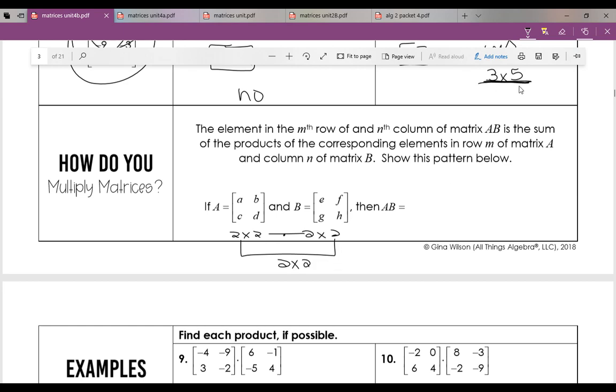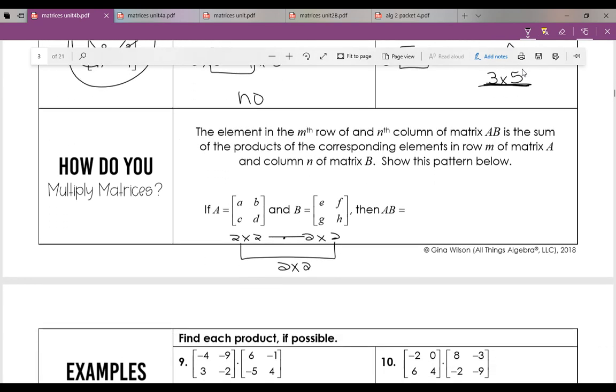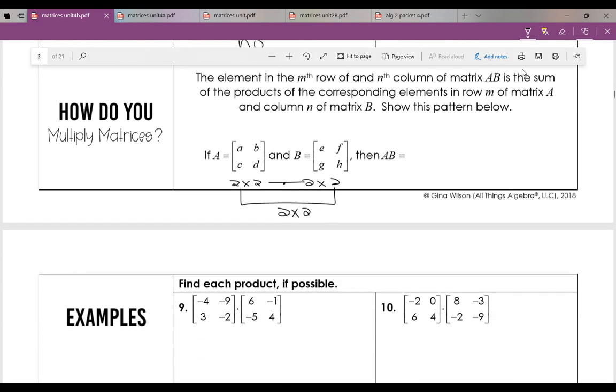We had a 3 by 5 up here, and some other things that were not squares. So my answer is going to be a 2 by 2. That means 1, 2, 3, 4 numbers. I have to calculate 4 numbers.